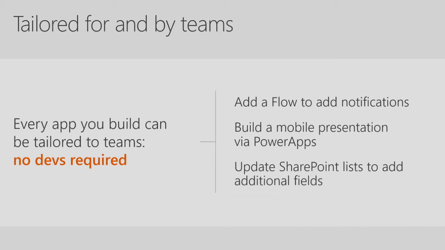So there are tools available that let end users customize your application without requiring that you, as a developer, go back and recompile your application or go extend it. It's flexible, and there's ways to expose that flexibility inside of your application so that, again, down the road, if somebody wants to build a Power App for a mobile presentation, or if somebody wants a custom workflow or custom notification system, you don't need to write new lines of code. You can actually connect that to your SharePoint lists.